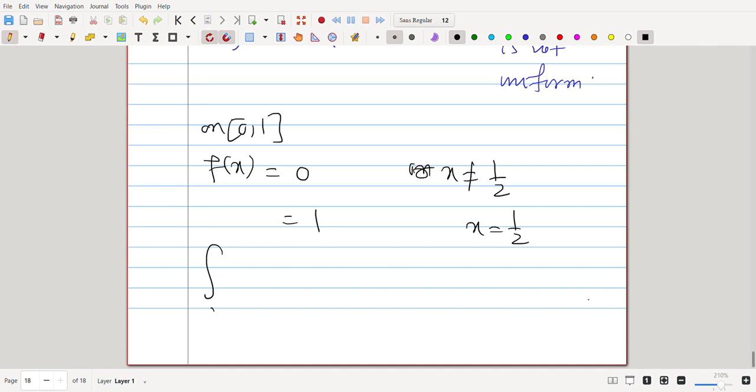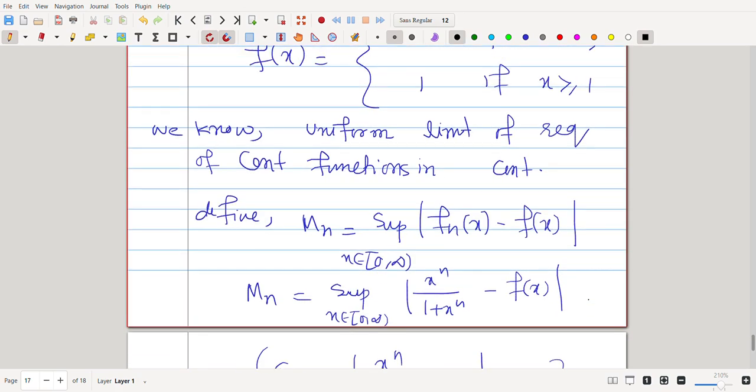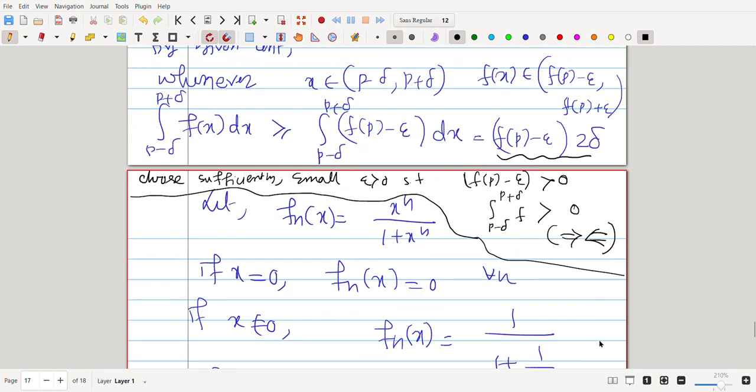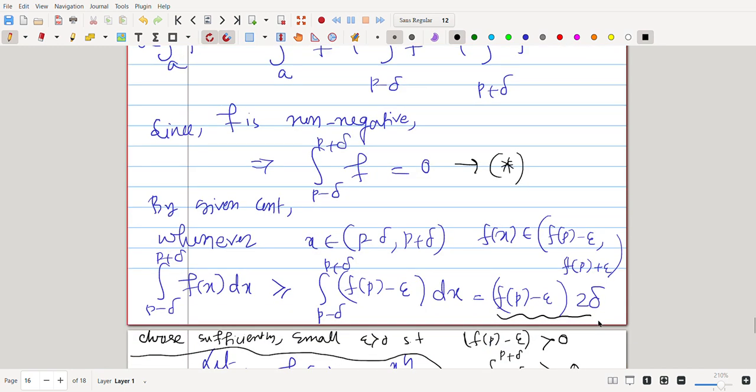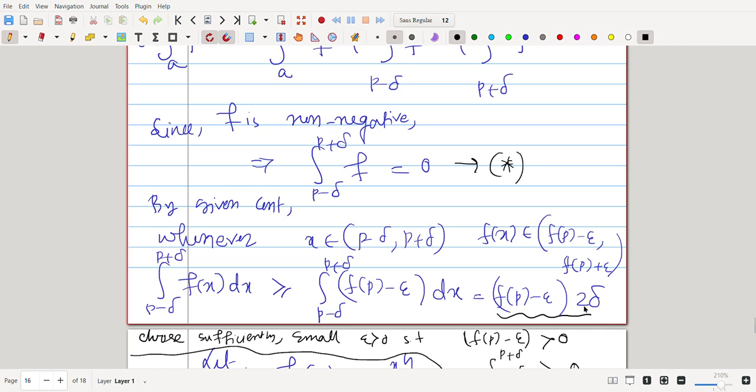Then if you do the integration from a to b of f(x) dx, by the way, if you need to show the continuity at a and b, you can do the same thing, but here you have to start from a to a plus delta for checking continuity at a, and in that case instead of 2 delta there will be delta only, but everything will be the same.